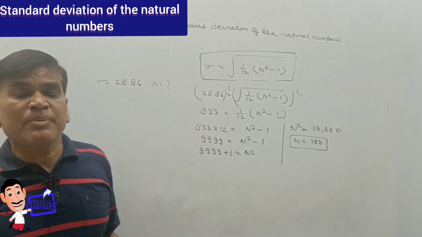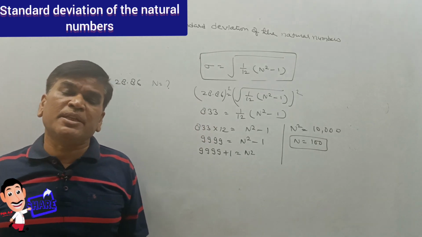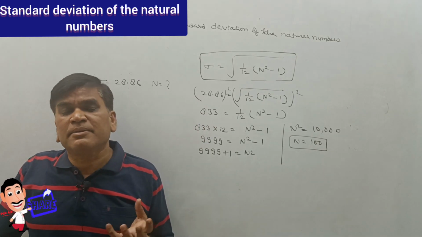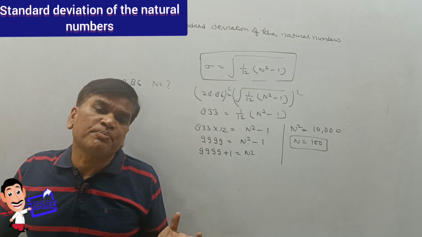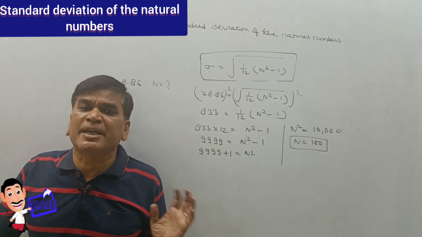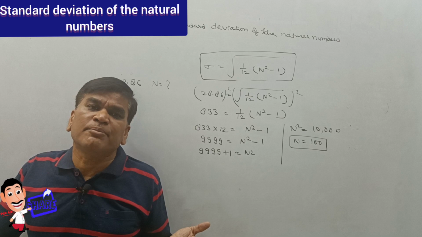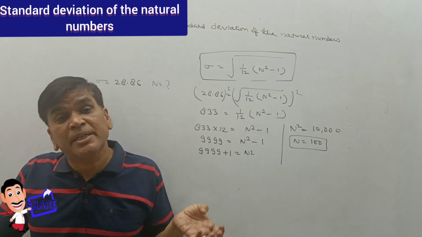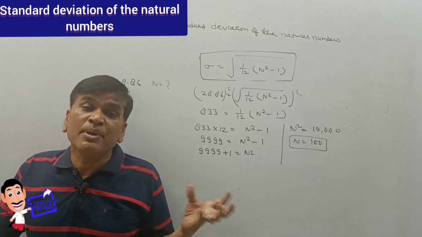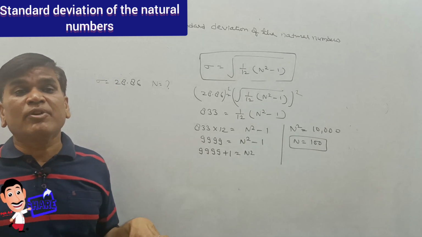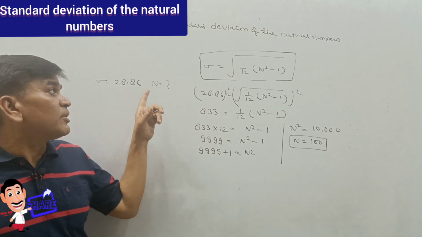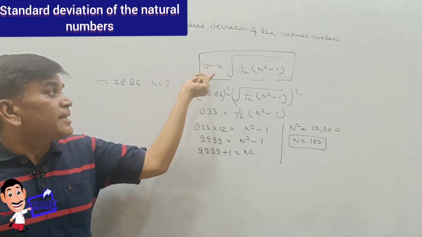So in this kind of question, first they may ask to calculate the standard deviation of the first 100 or first 10 natural numbers with the direct method, and in the second form they may give the standard deviation value and ask for n.